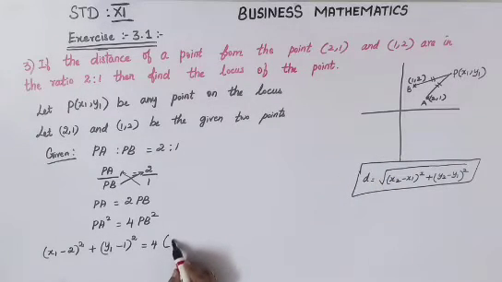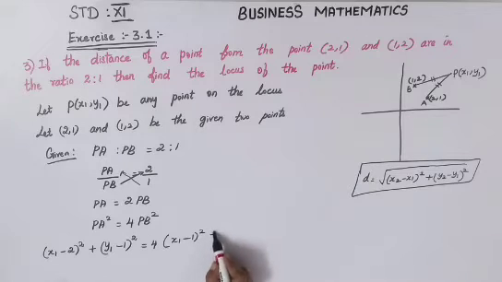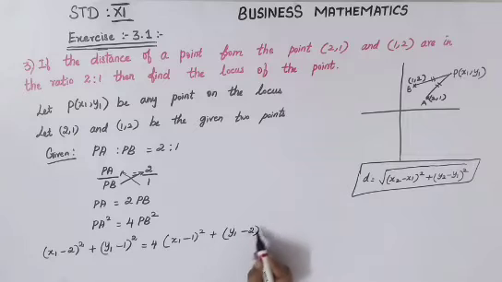So substituting, you'll get x1 minus 1 the whole square plus y1 minus 2 the whole square.